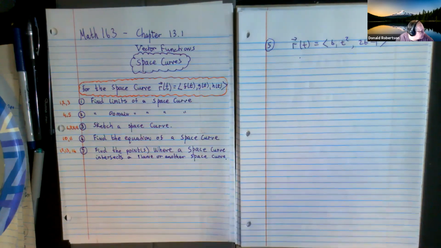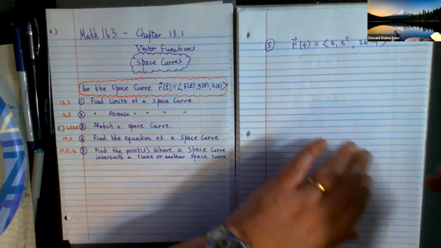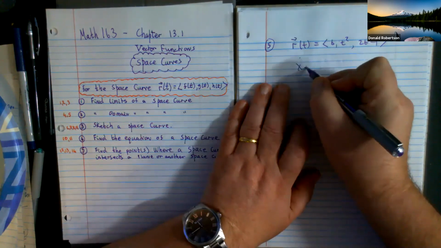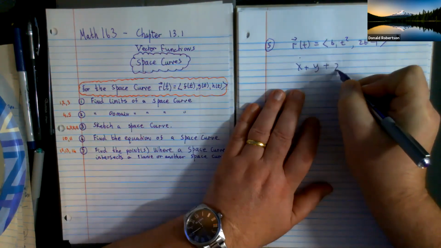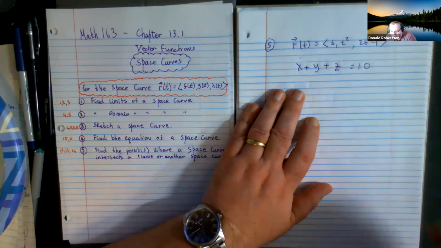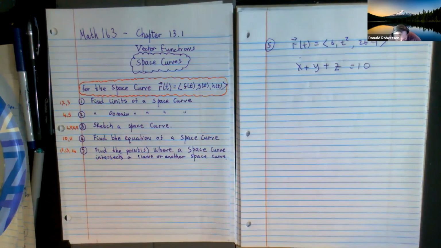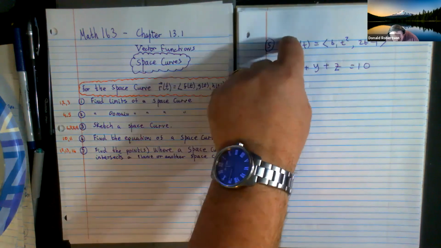So what kind of plane will I have? Let's suppose I have the plane x plus y plus z equals 10. I'm trying to make my life easier. This space curve is going to meet up with this plane.